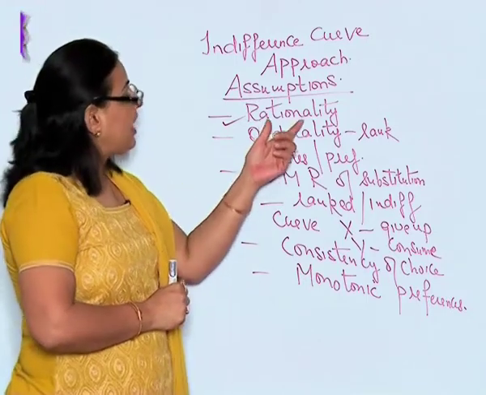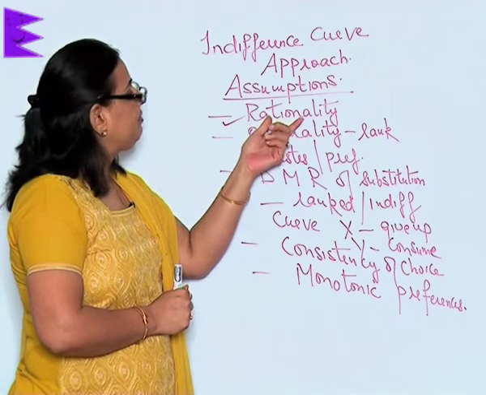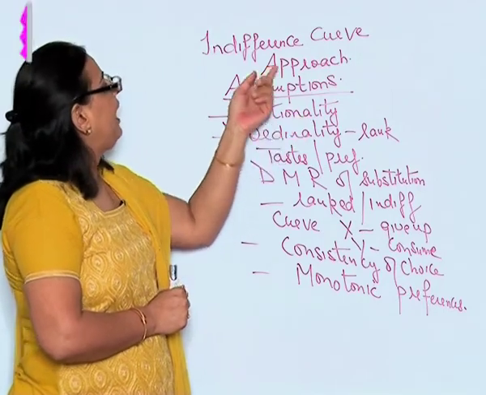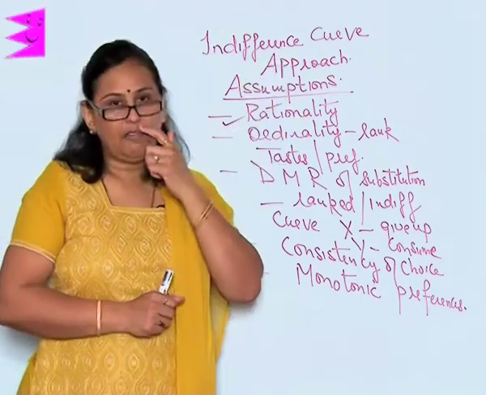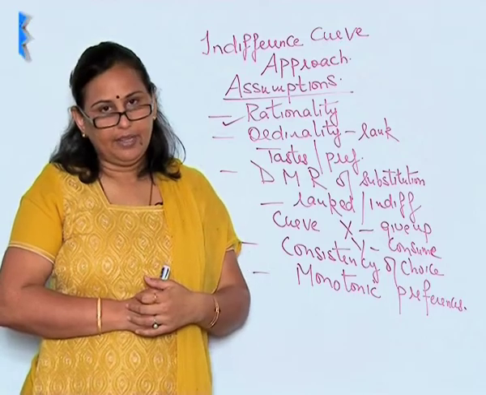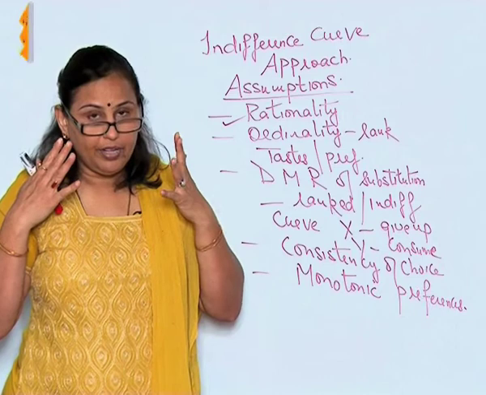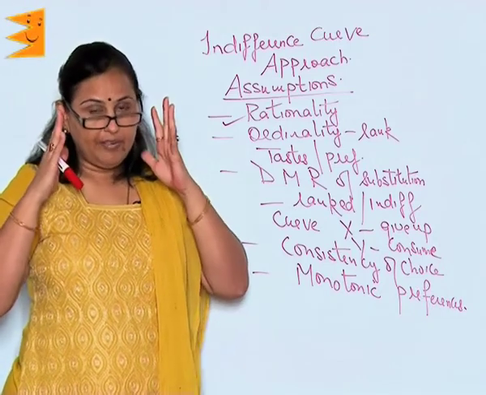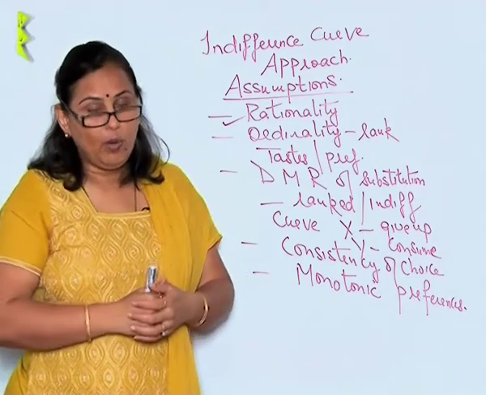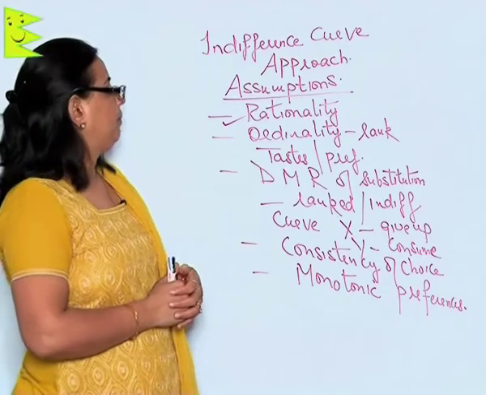So the rationality of a consumer is very, very important as far as the indifference curve approach is concerned. If you just buy or spend your money without reasoning, without rationalizing, then you are not a true consumer.